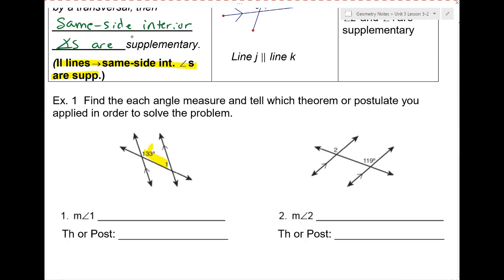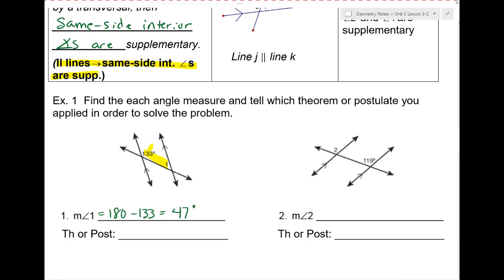So they have to be what? Same side supplementary. So shouldn't I be able to find the measure of angle 1 pretty quickly? Can't I just take 180 minus 133? Isn't that going to be 47 degrees?